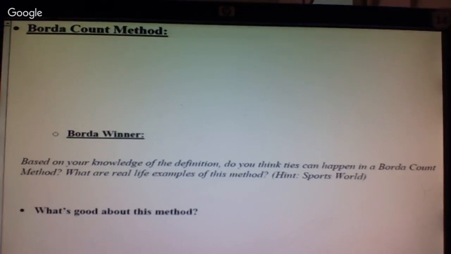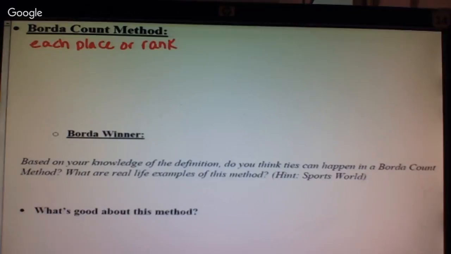Okay, so while plurality only focused on first place, your Borda count method is now going to take into consideration second, third, and fourth place. So what happens here is each place, or rank, because that's what they call it, a place or a rank.